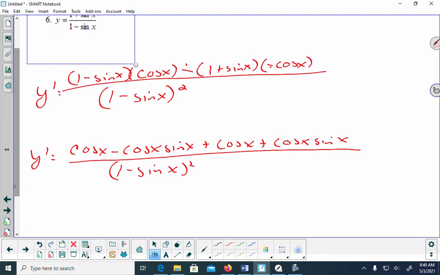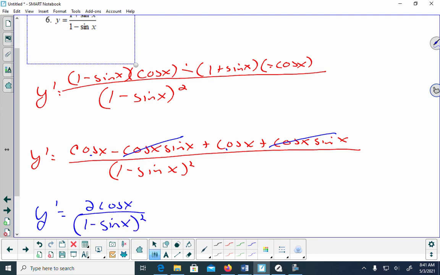The cosine x and negative cosine x, those two will simplify, and I have 2 of these, so I'm going to say 2 times the cosine of x over 1 minus the sine of x squared, and that is my derivative.